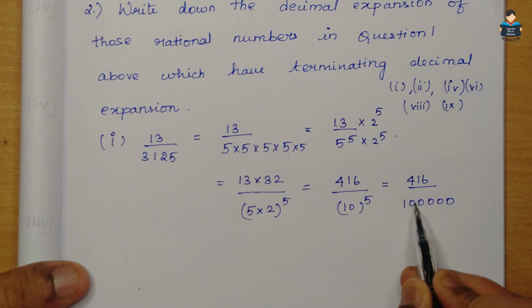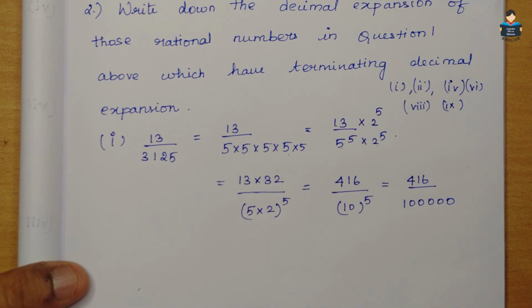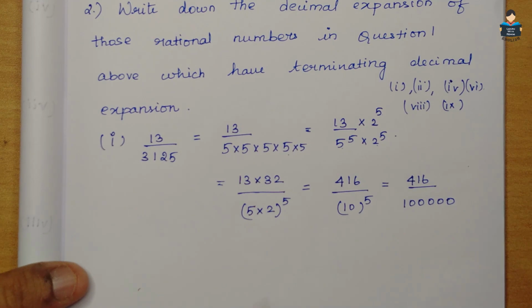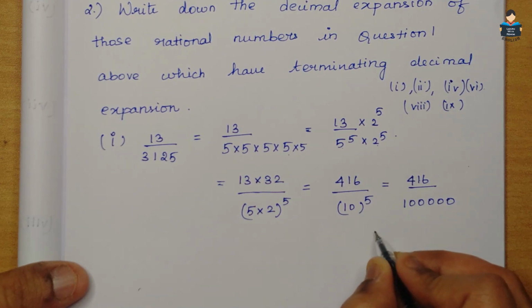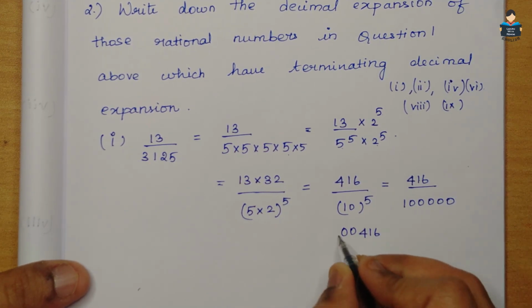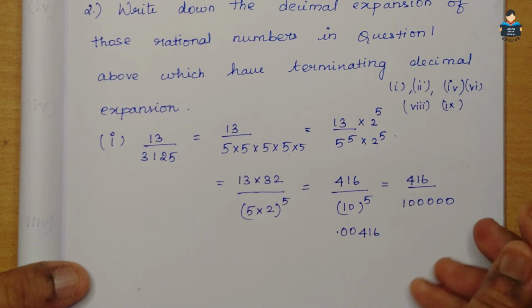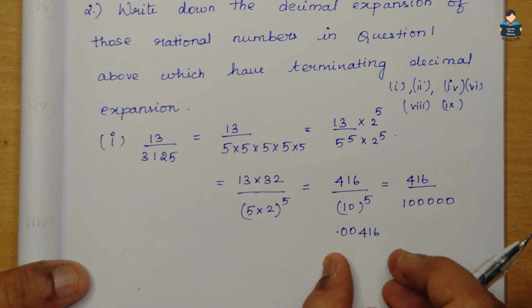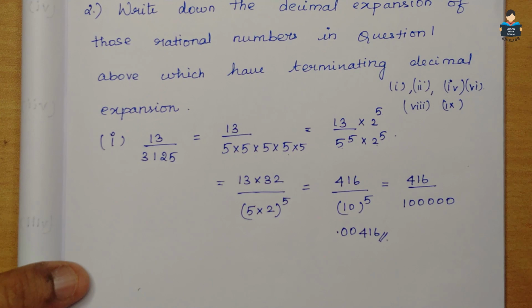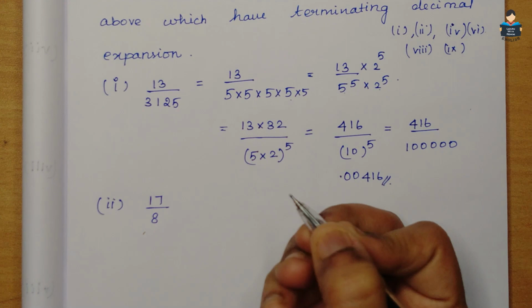So we have 5 zeros, so we have to place the decimal point after 5 places. Here we have 3, that is ones, tens and hundreds. So we have to put 2 zeros and then keep the decimal place since we have 5 zeros in the denominator. So our decimal value is 0.00416.